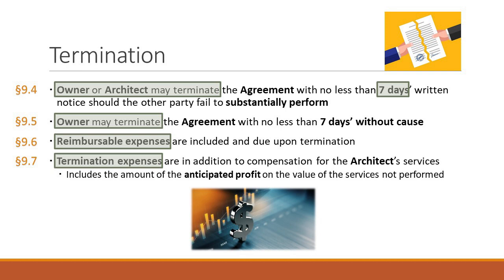You need to pay me my work through August 1st plus that $50,000, even though I'm doing nothing else for the rest of the project. I'm not going to bill you for anything else. I've billed you for $660,000 worth of work. You need to pay me $710,000 because I had $50,000 of profit that I was going to lose since you terminated me. Now, the architect's reason for that is because, look, I had it staffed.